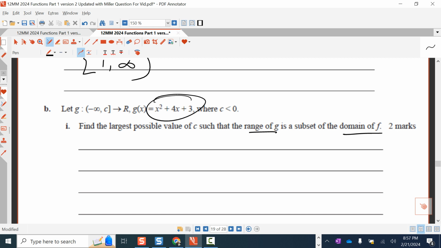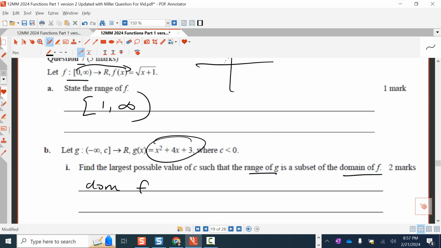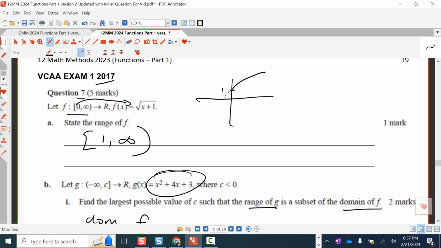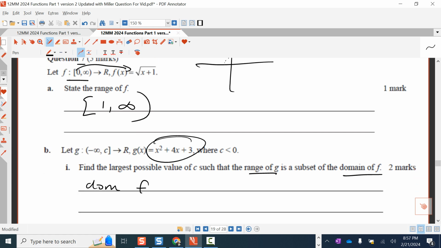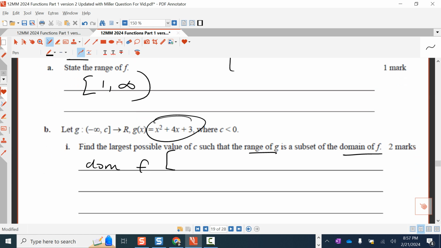Let's check what the domain of f is. So I'm going to go up and check the domain of f. It's 0 to +∞. So I need the y values of this graph to fit within this domain.